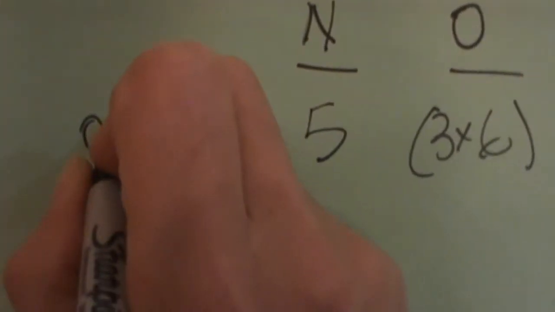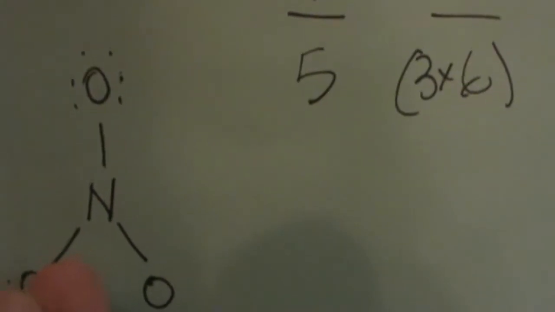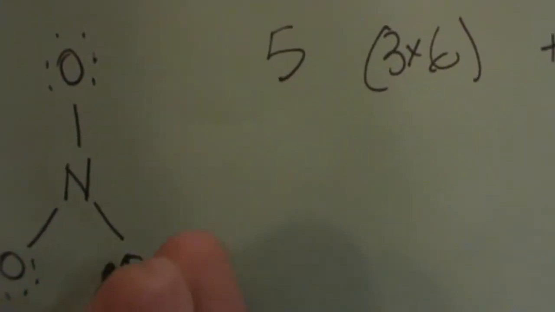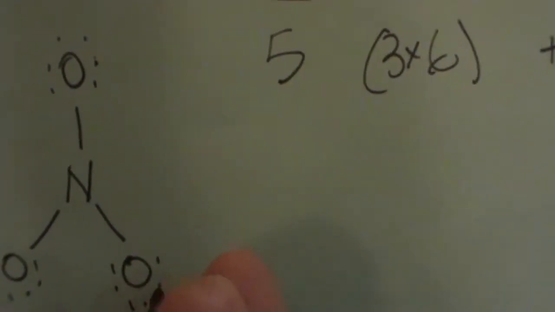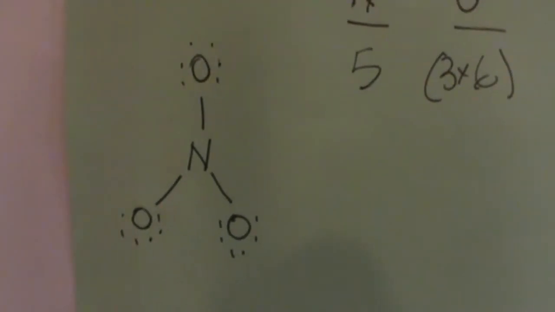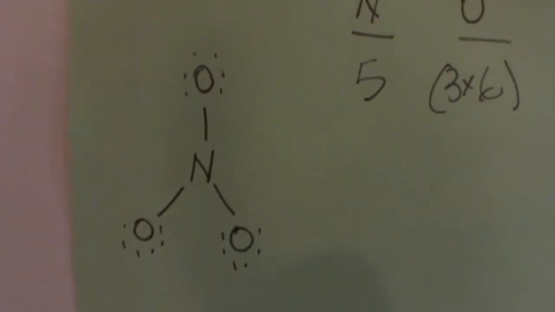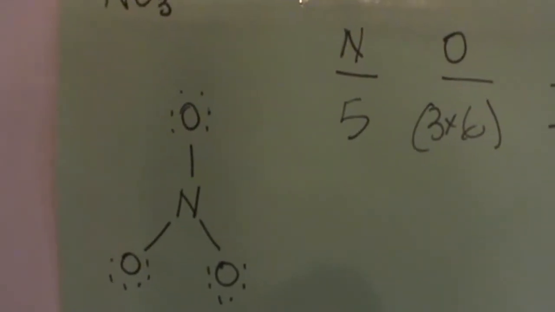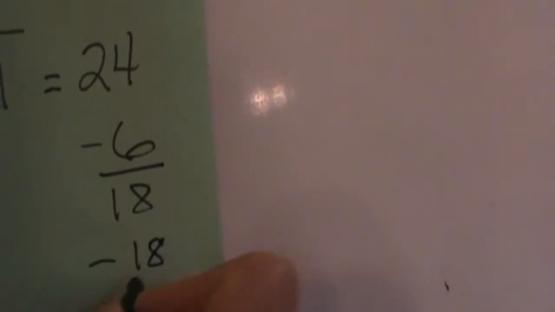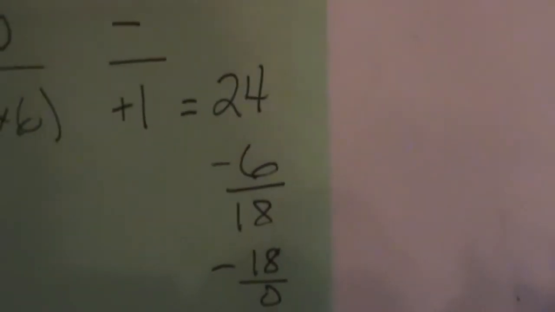So we'll just go ahead and fill these. Okay, now each oxygen has gotten 6 additional electrons to make a full octet. So 6 times 3 is 18. We have now used up all of our electrons.